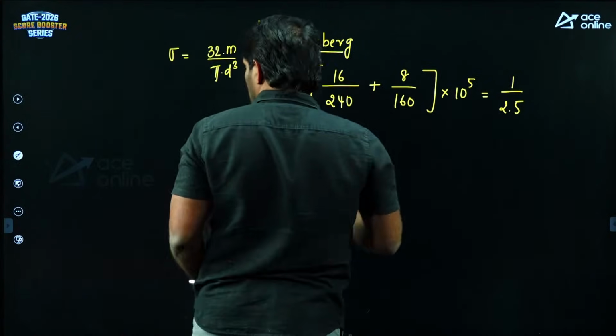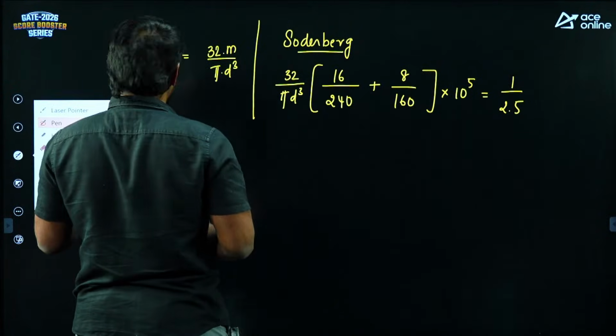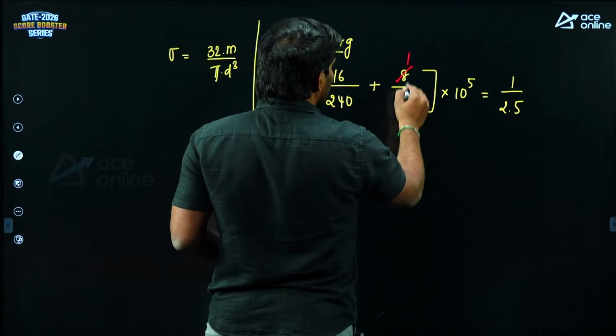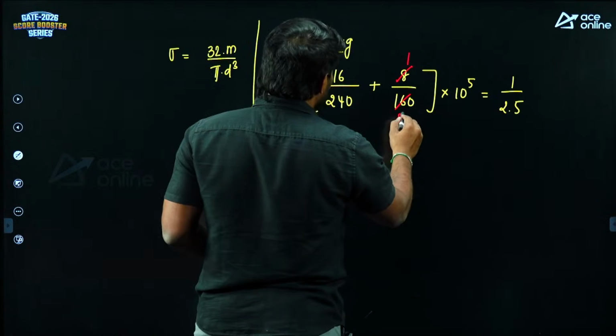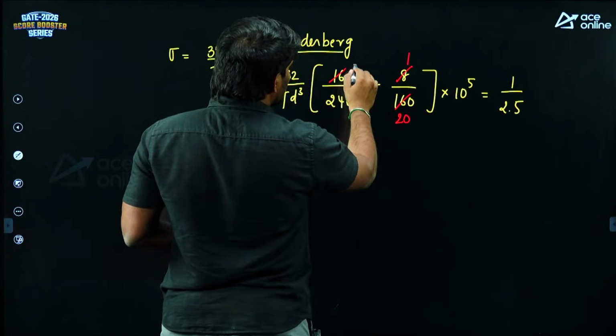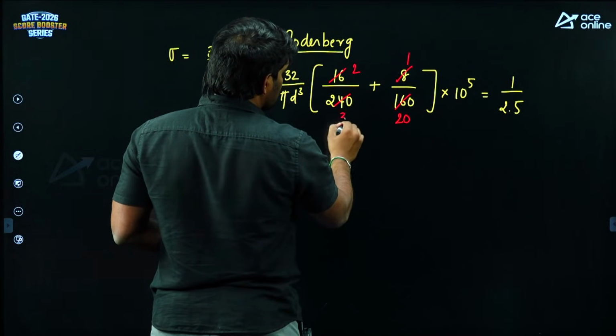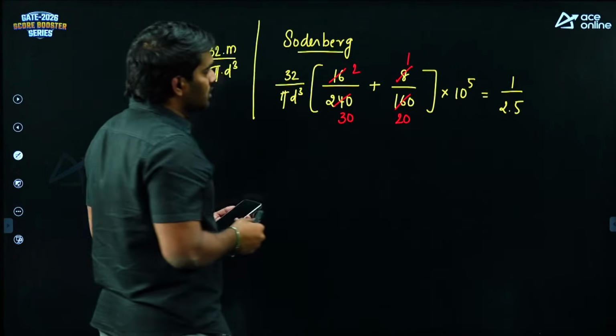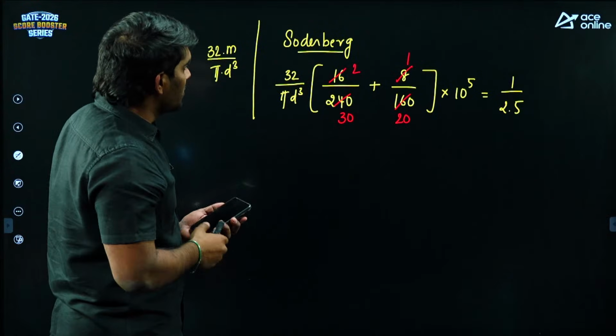So here it is 8 ones are 8, and this is 20. What about here? So it is 8 twos are 16, 8 threes are 24. Okay, this is 30. Now, what is the denominator that we are getting?